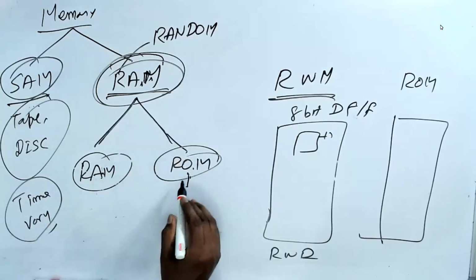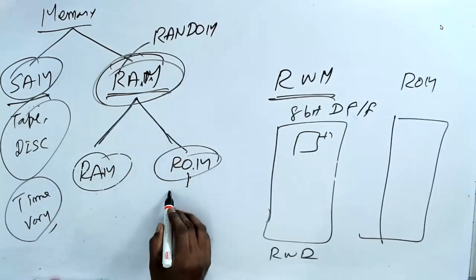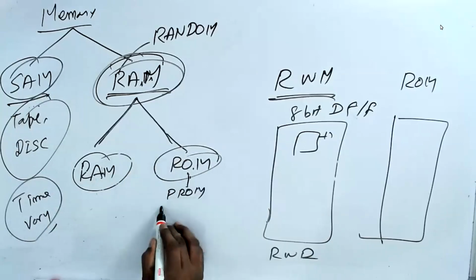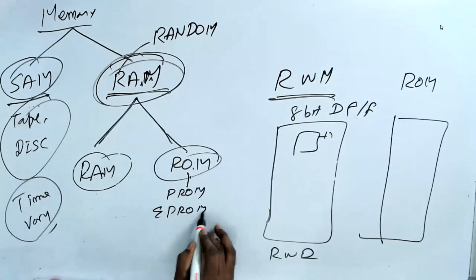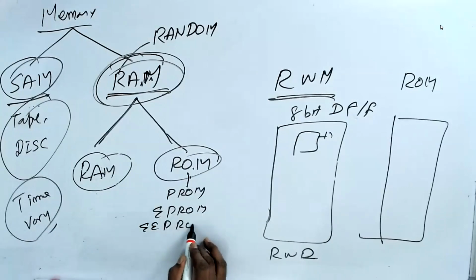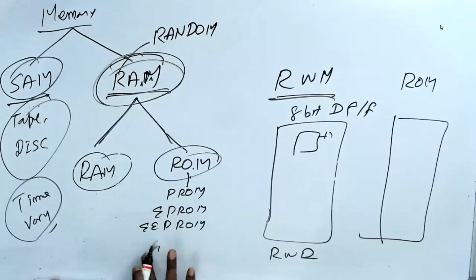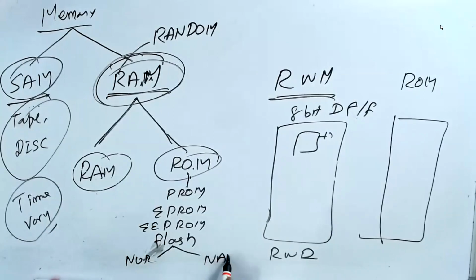I told you so many types. ROM has PROM, EPROM, EEPROM, and flash. And for flash, I told you there are two types: NOR flash and NAND flash. Unfortunately, the NAND flash is a SAM.